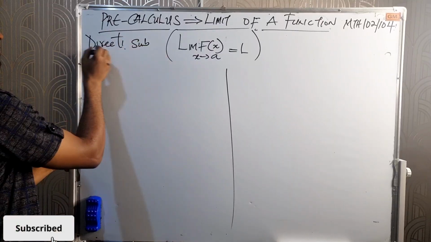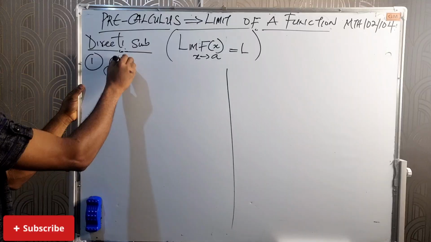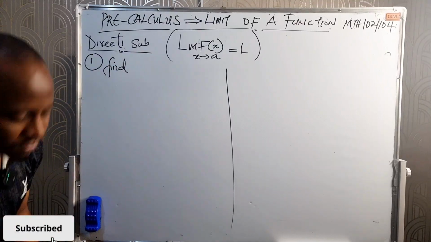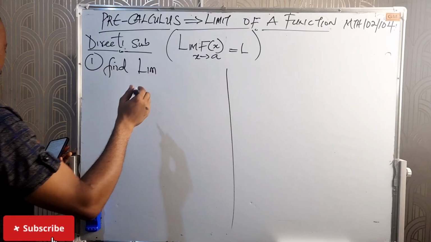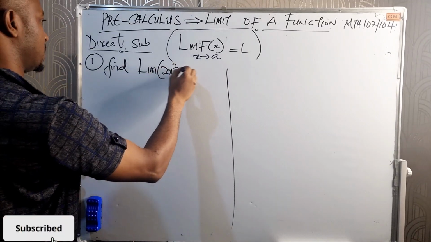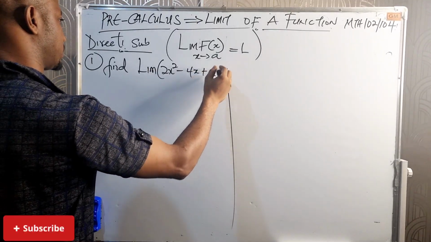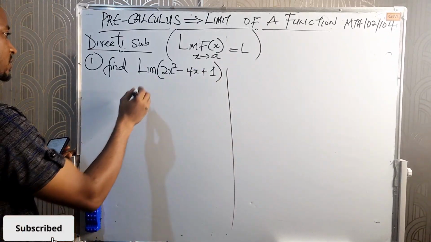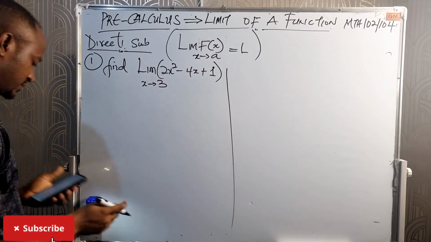We are asked to find the limit of ln(2x squared minus 4x plus 1) as x approaches 3.